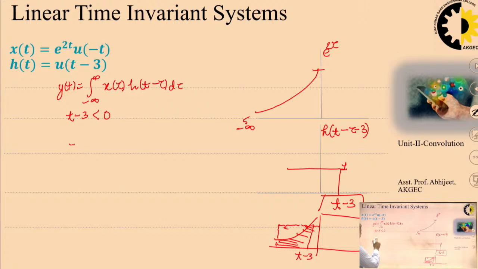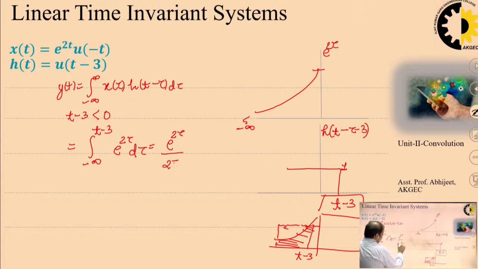So if I evaluate the signals, the lower limit will be minus infinity, the upper limit will remain t minus 3, and the function is e raised to the power 2 tau d tau, because u of t minus tau becomes 1. So it is very straightforward. The integration will be e raised to the power 2 tau divided by 2, and I will put minus infinity and t minus 3.